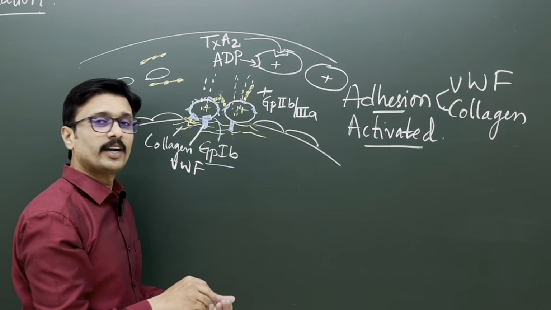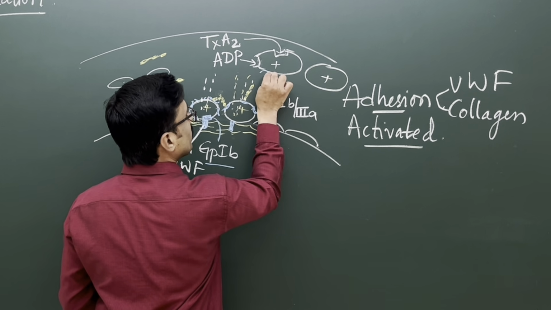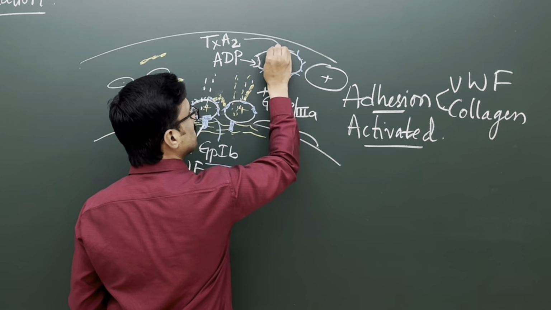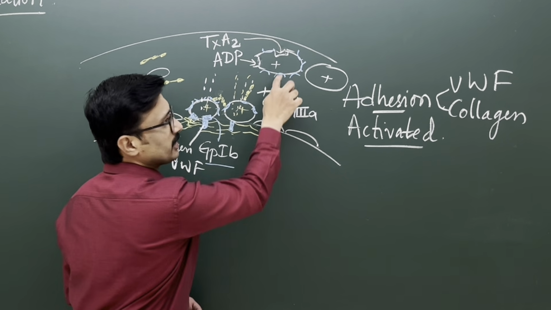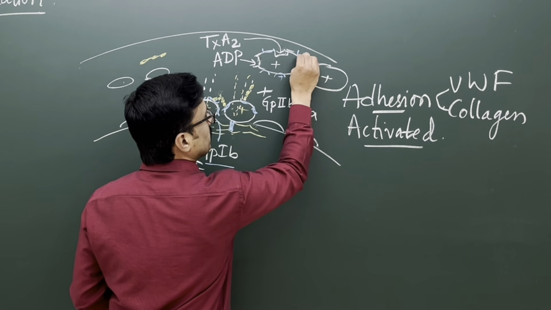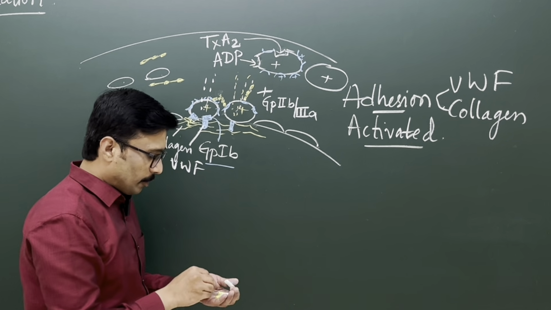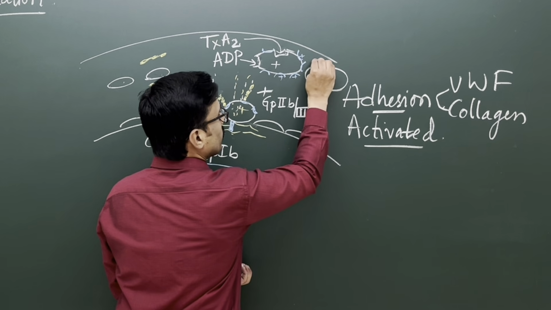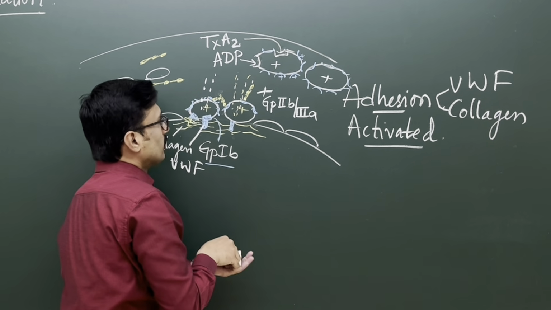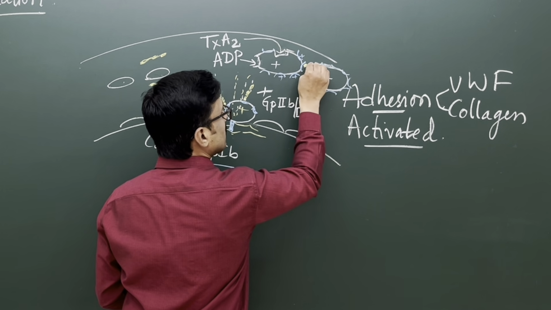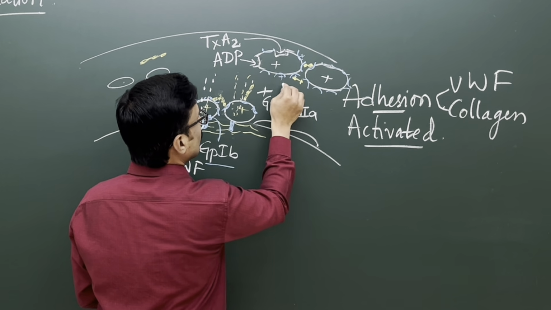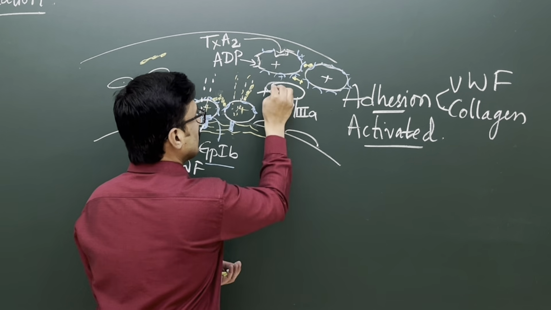So these activated platelets now will have glycoprotein 2B3A receptors, which are normally inactive, getting activated. The receptors are activated and fibrinogen can stick to these. This results in more and more platelet aggregation.